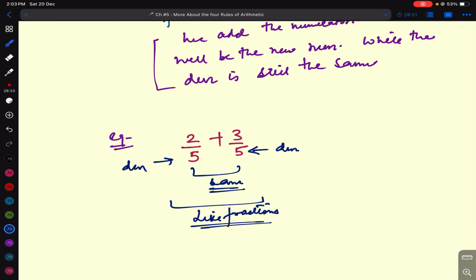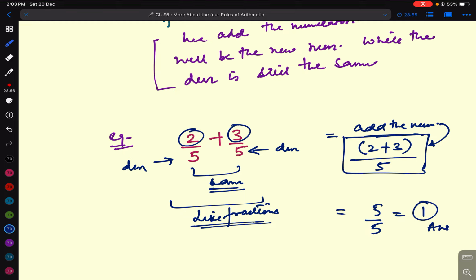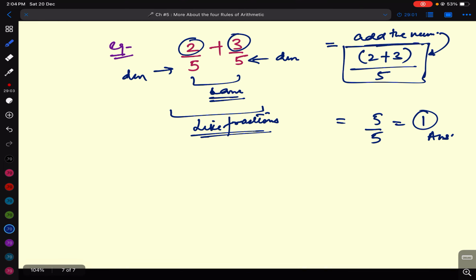Now when two fractions are like fractions, we simply add the numerators. That means 2 plus 3, and the denominator remains the same, so this becomes 5 over 5, which is 1. Clear? This was the case of addition.